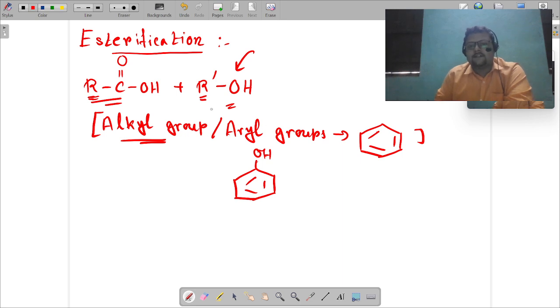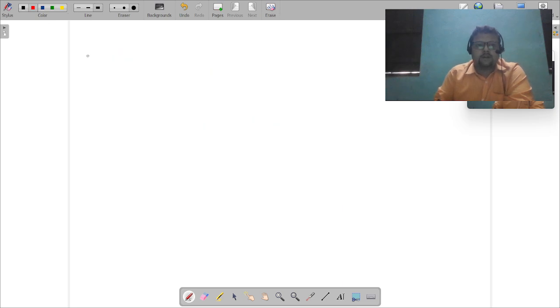As this has a widespread application, I am going to restrict myself only to generalized terms. Once we understand the reaction mechanism, then I will come to some specific terms. Okay, so let's start with the reaction mechanism.